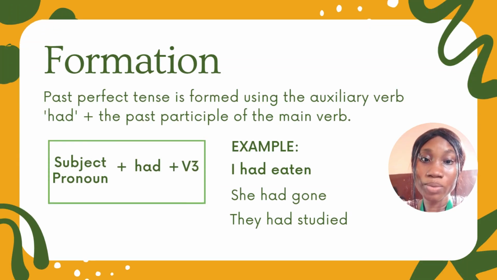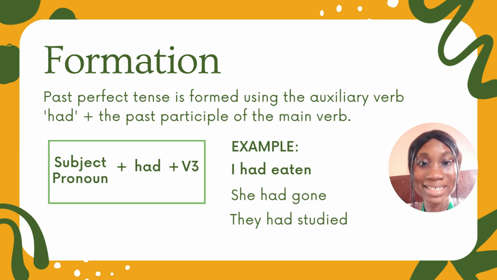Now let's look at the formation of past perfect tense. I already pointed out that we make use of the auxiliary verb had, H-A-D, plus the past participle of the main verb. Example, eat, ate, eaten. So you use verb 3. Verb 1 is your present tense, which is eat.